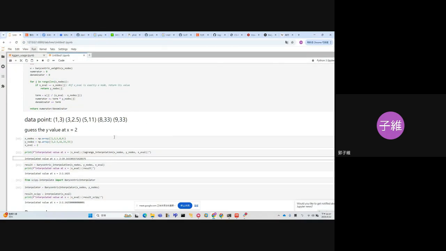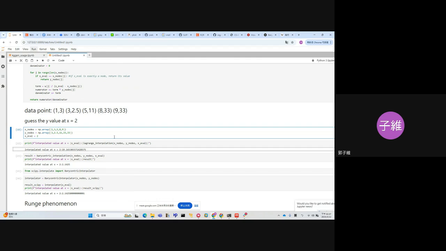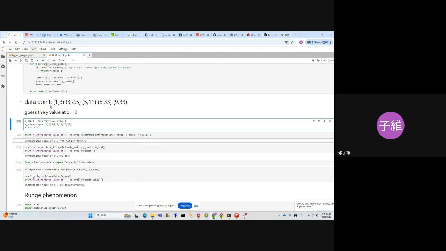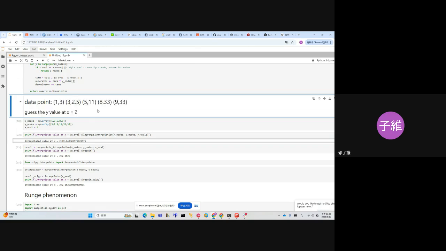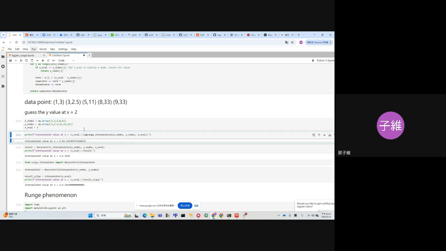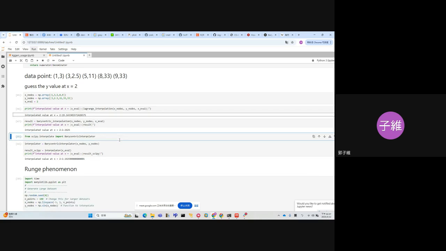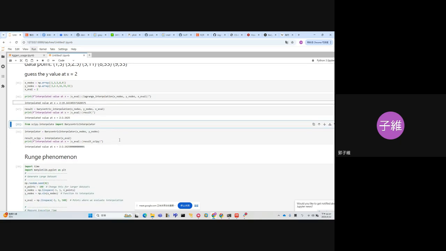Yeah, okay, so let's do a little experiment, but using a small data set, because here are the 4 data points, and we need to guess the y value at x equals 2. So currently, we can't see much difference in the computation time.